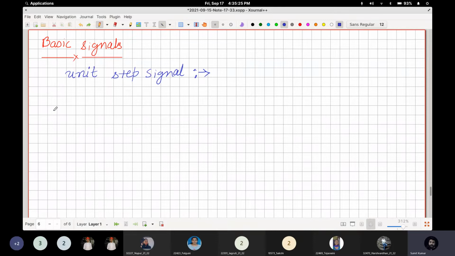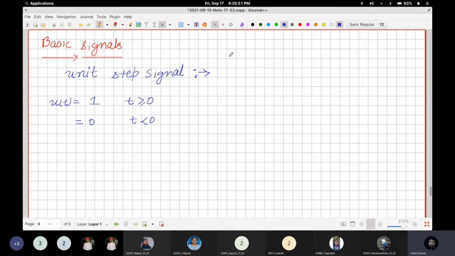So u(t) is defined like this: it is equal to 1 for t greater than or equal to 0, and it is 0 for t less than 0. This is the most common definition of the unit step signal.